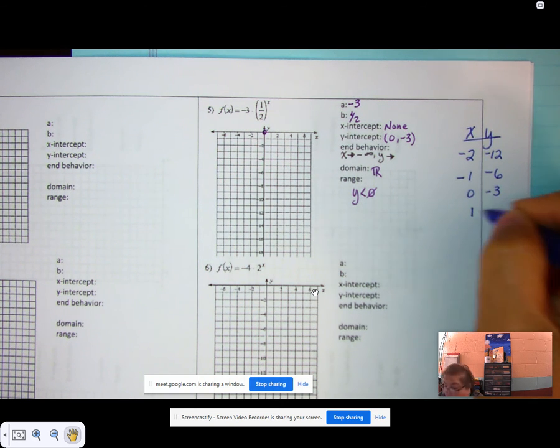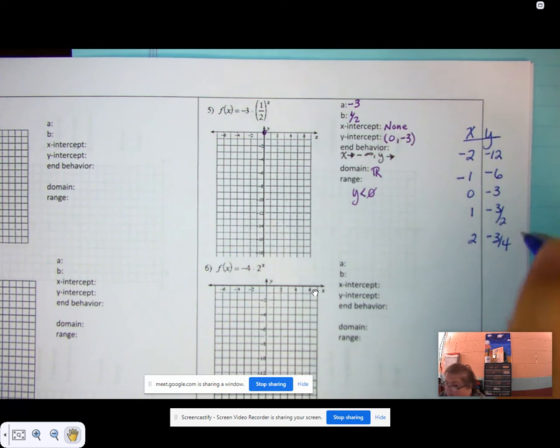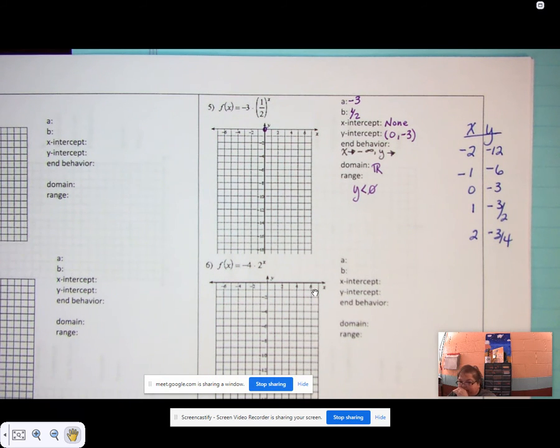When x is 1, y is negative 3 halves. When x is 2, y is negative 3 fourths. Okay? So we've got our ordered pairs.